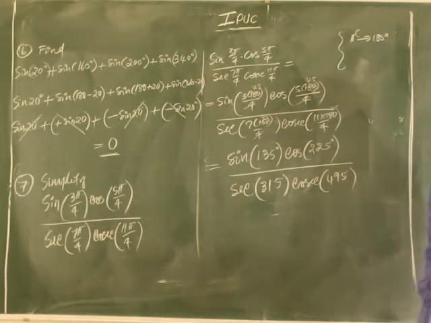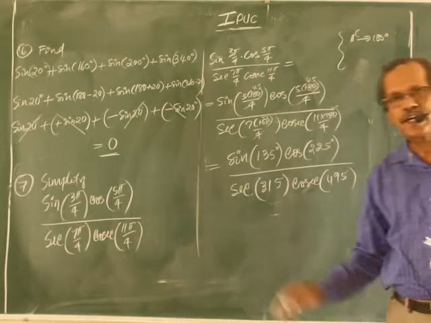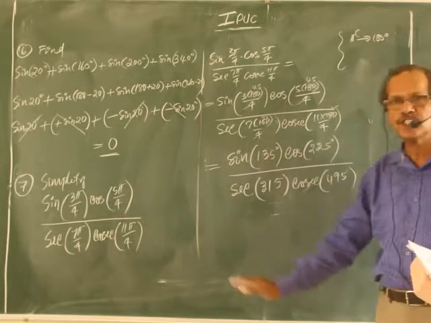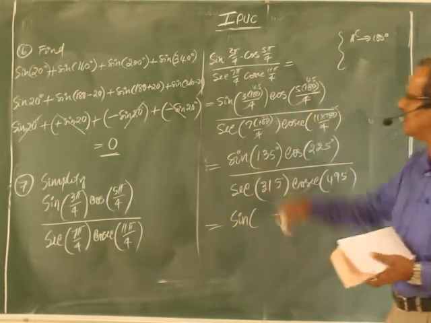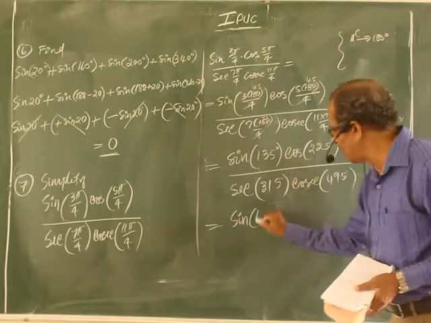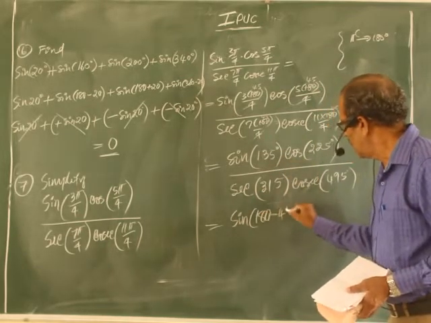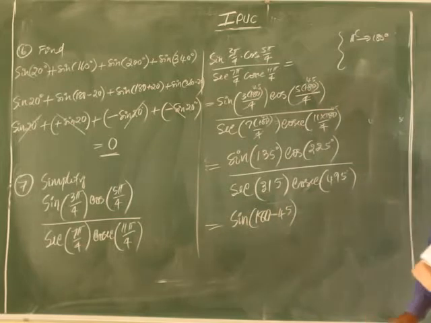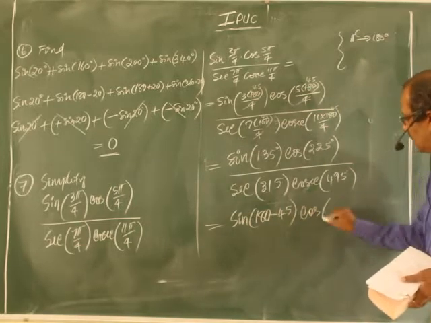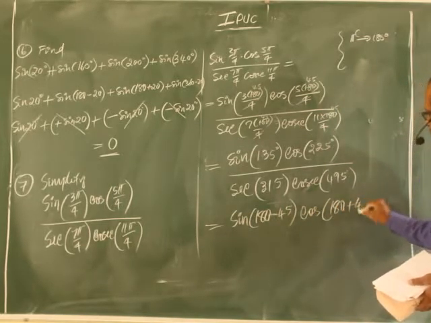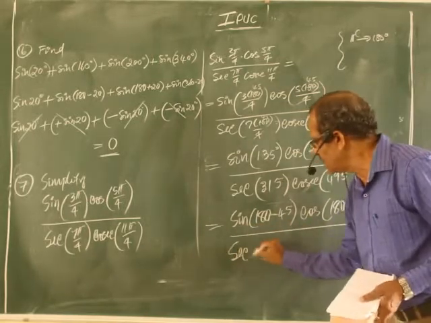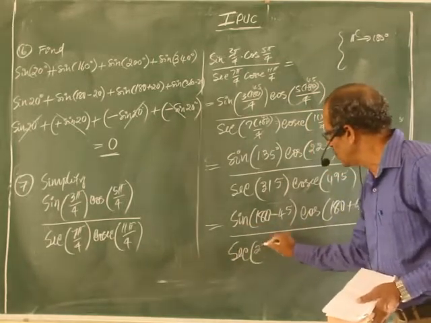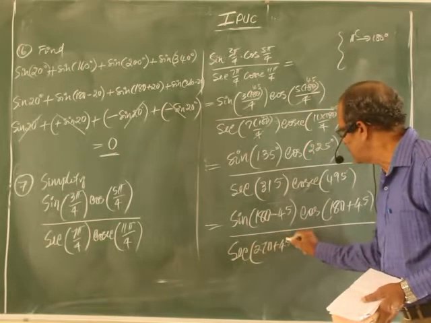Now, even though it is in radian, you can convert them into degrees, then simplify. Equal to sin 135, which is 180 minus 45, cos 225, which is 180 plus 45, secant 315, which is 270 plus 45.